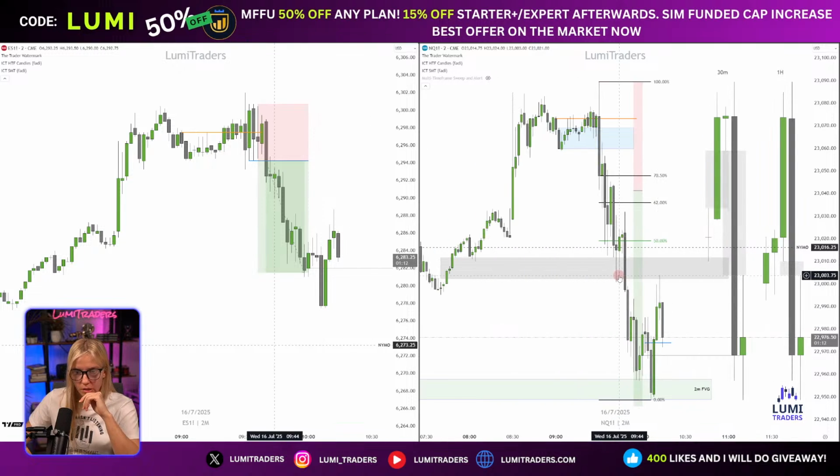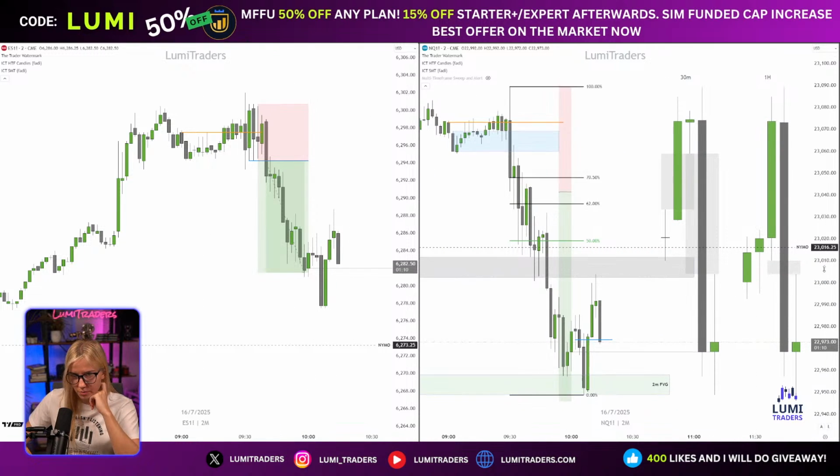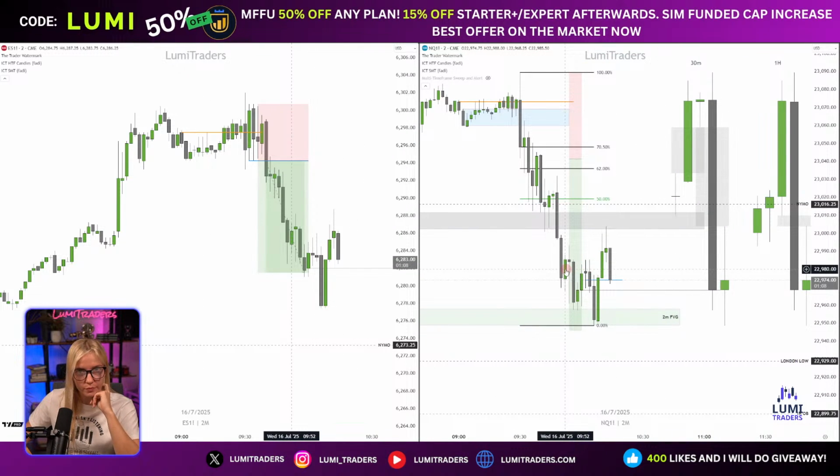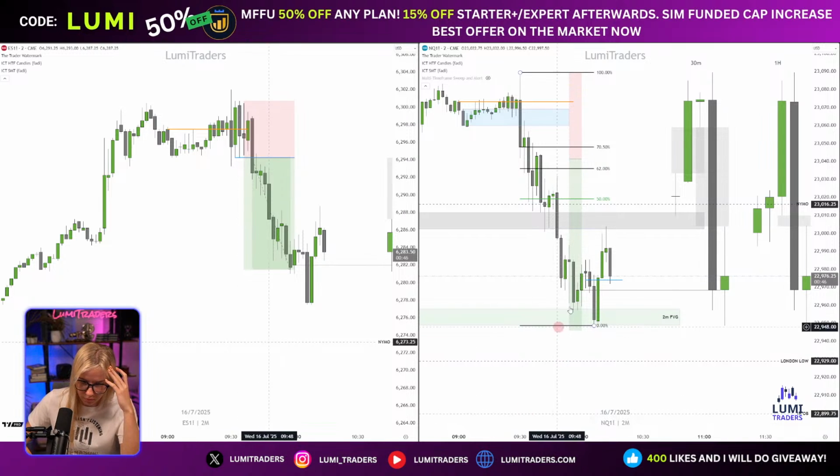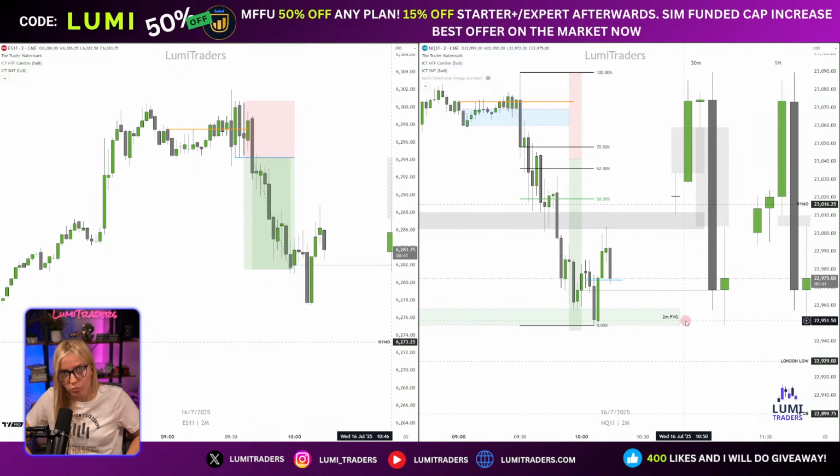Yeah, it left room to go lower. Just kind of tricky right now. It offered some bullish structure, but tricky because it left some room to go lower.